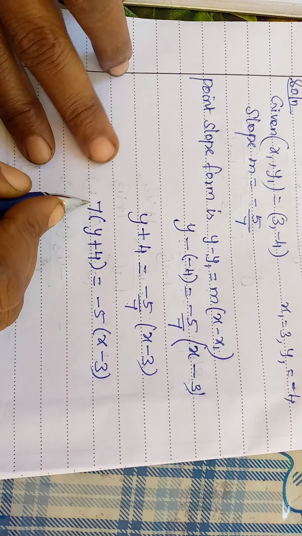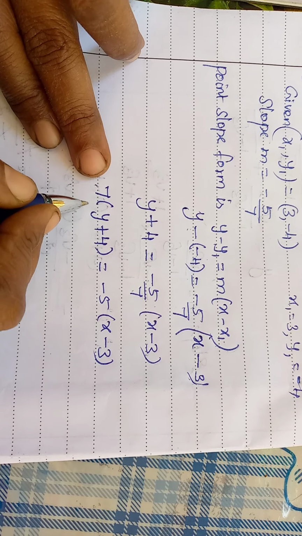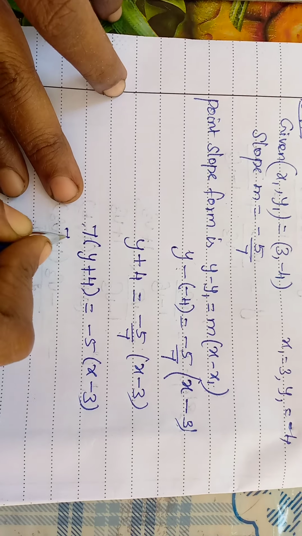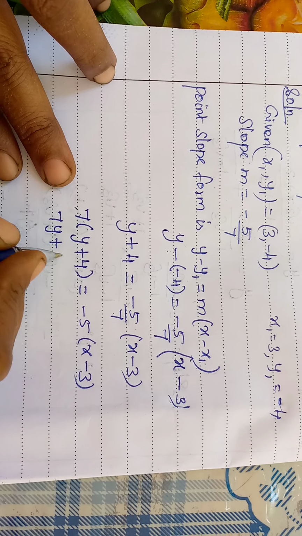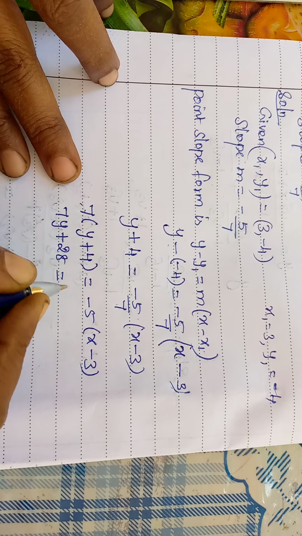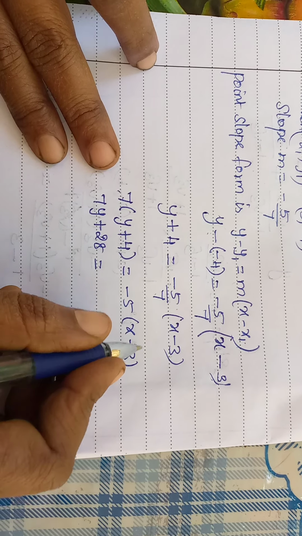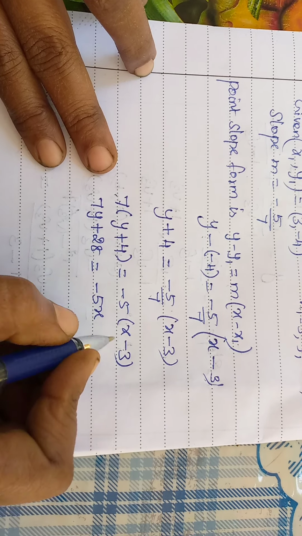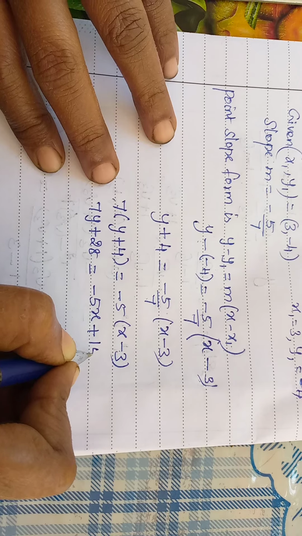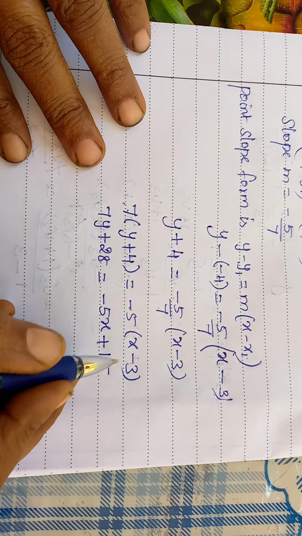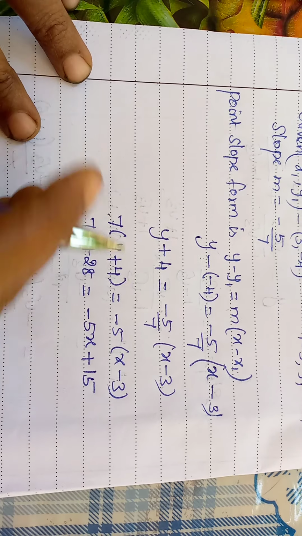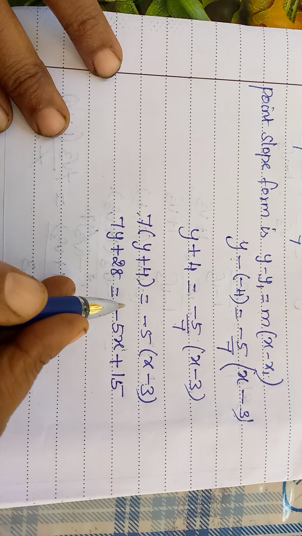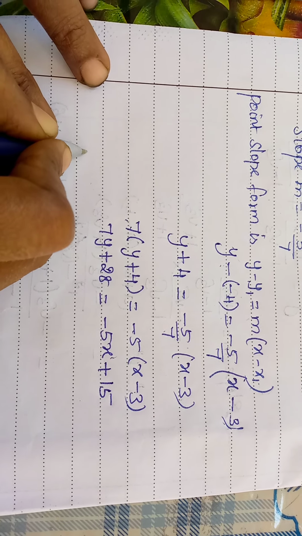Multiplying with the 7, we get 7 into y is 7y, plus 7 4s are 28, is equal to, on this side with the -5, multiplying these two terms, we get -5x, minus into minus plus 5 3s are 15. Take all these terms to the same side, the x term and constant term. First of all -5x taken here becomes plus 5x.